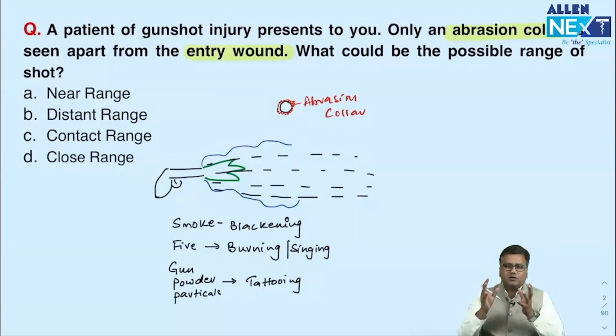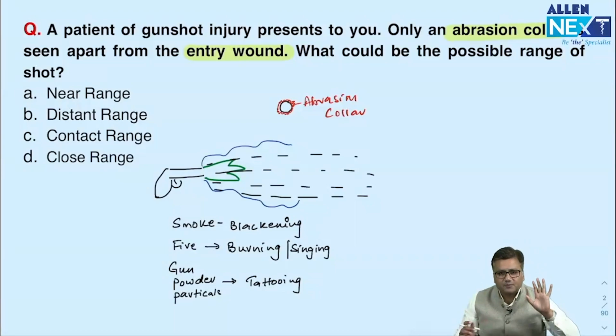So abrasion collar is an outcome of the bullet entering into the skin itself, directly produced by the bullet, right? Now, in the question, we have been given that abrasion collar is present and an entry wound is present. There is no blackening, no tattooing, no burning, or no singeing.